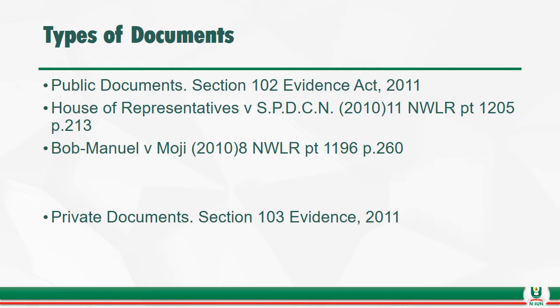And if you look at the case of House of Representatives versus CPDCN, the court was of the opinion that a public document is a document made for the purpose of the public using it.